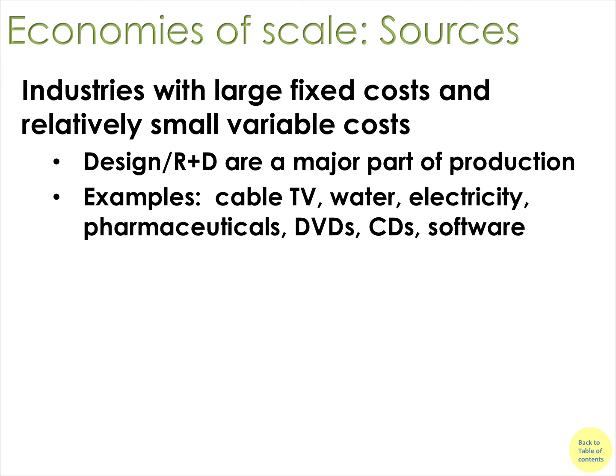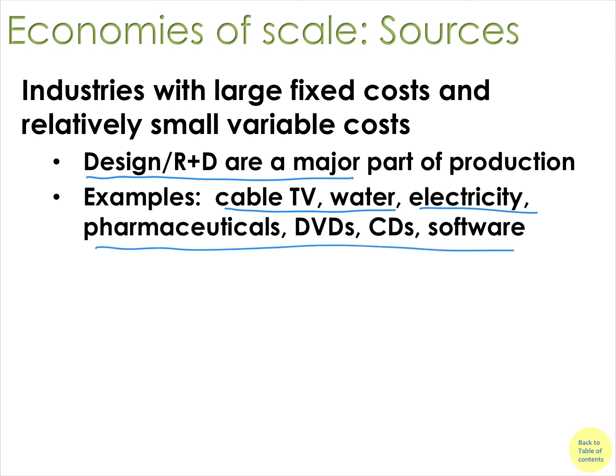Some real life examples of economies of scale, where you have big upfront fixed costs, are going to have lots of economies of scale. There's going to be a lot of room to grow and get cheaper. Same with these ones with a huge sort of upfront cost of development or of putting out infrastructure.